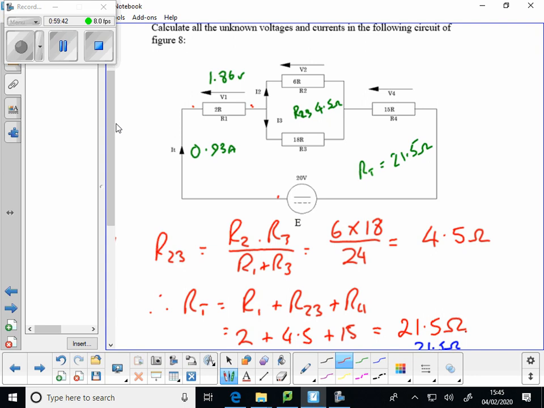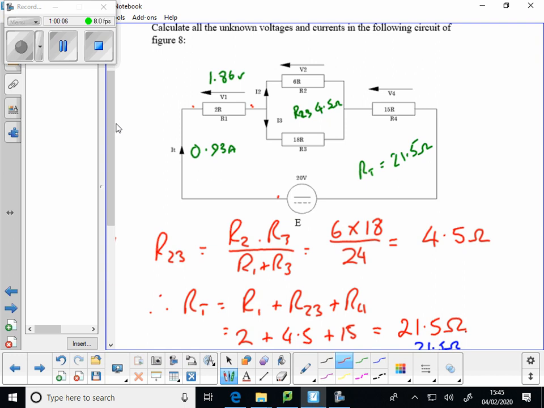What we do know is all of this current splits here, but comes back there, and we know the total of those two. We know the total resistance of those two, and we know that all of this 0.93 amps goes through the total of those two resistors.